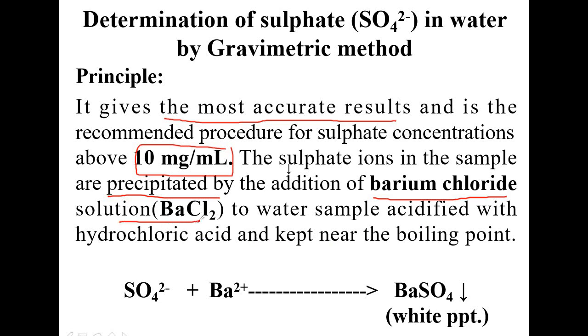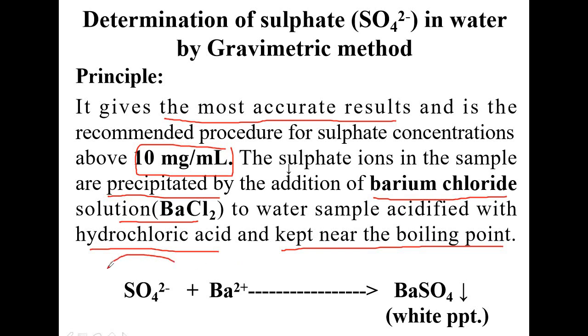And the precipitation becomes highly effective when it is carried out under perfect acidic conditions and near the boiling point. Therefore, the water sample has to be acidified, that is by adding a concentrated hydrochloric acid, and the solution is kept near the boiling point when the precipitation is carried out using the precipitating agent, that is barium chloride solution.